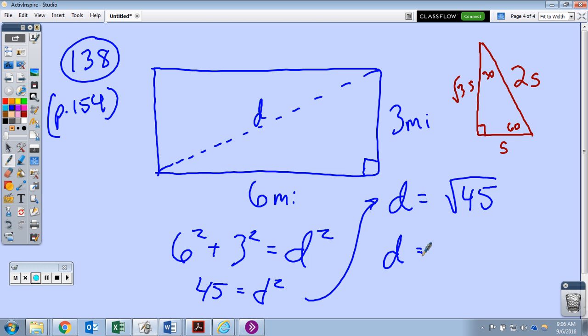So you say break this up and now you have 5? Does everyone agree with that? Okay. Then what? 9 is 3. 3 comes out and then square root of 5. Very good. And then they also want decimal approximations. If someone has a calculator, what did you get? It's 6.7, so approximately 6.7.